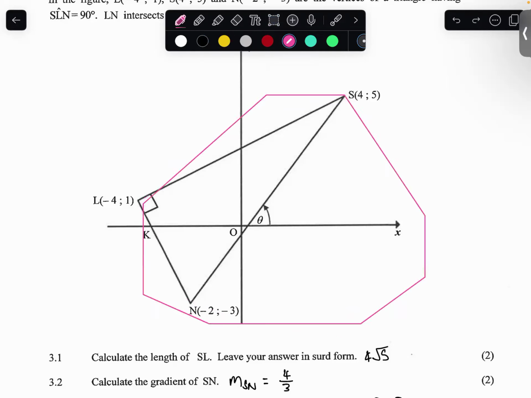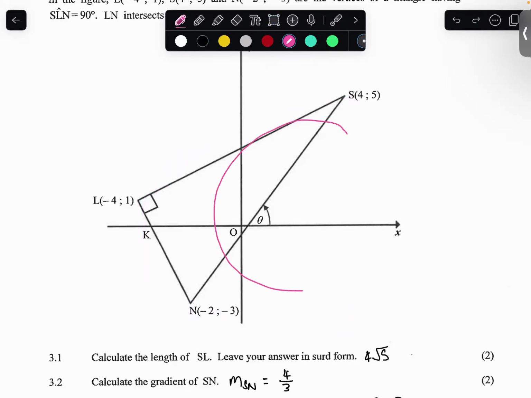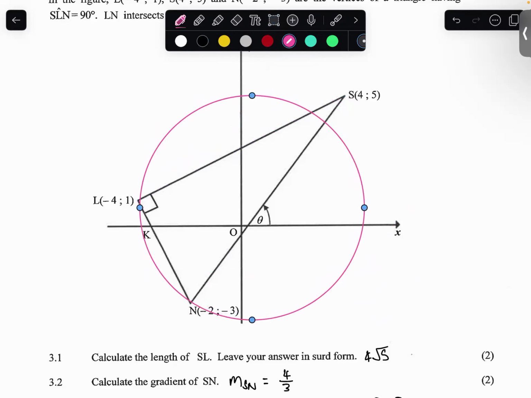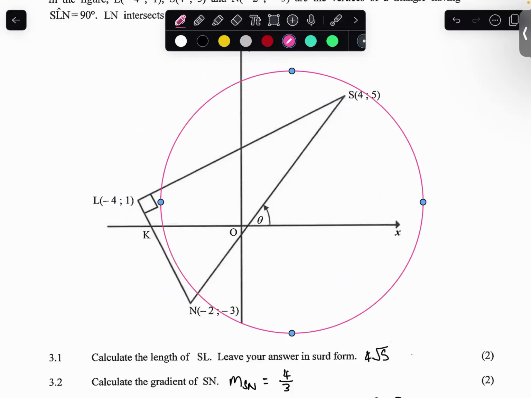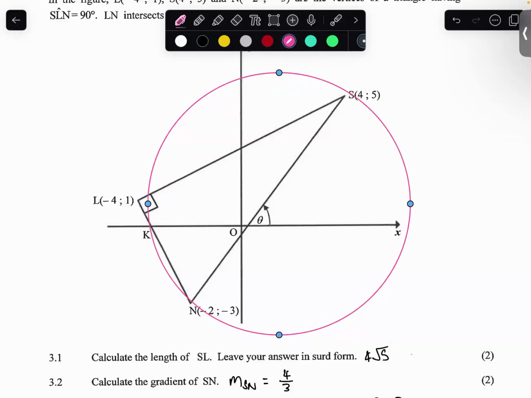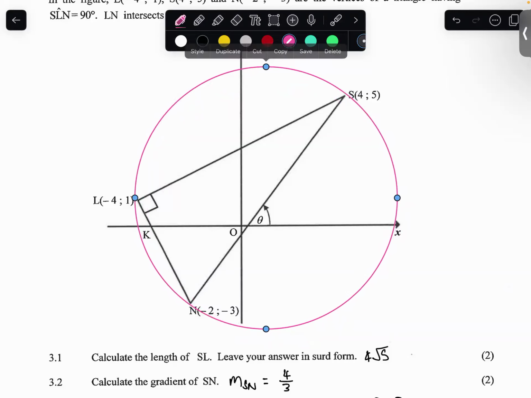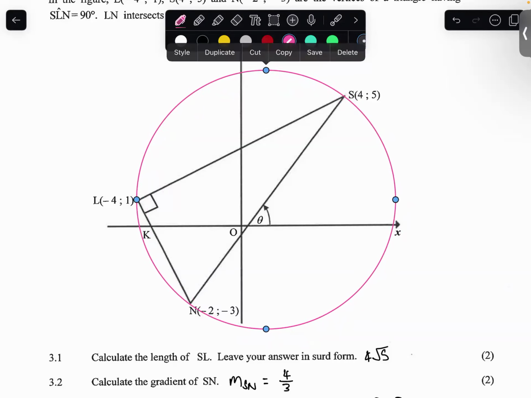Someone help. That's still not a circle. Okay. Okay, more or less like that, right?